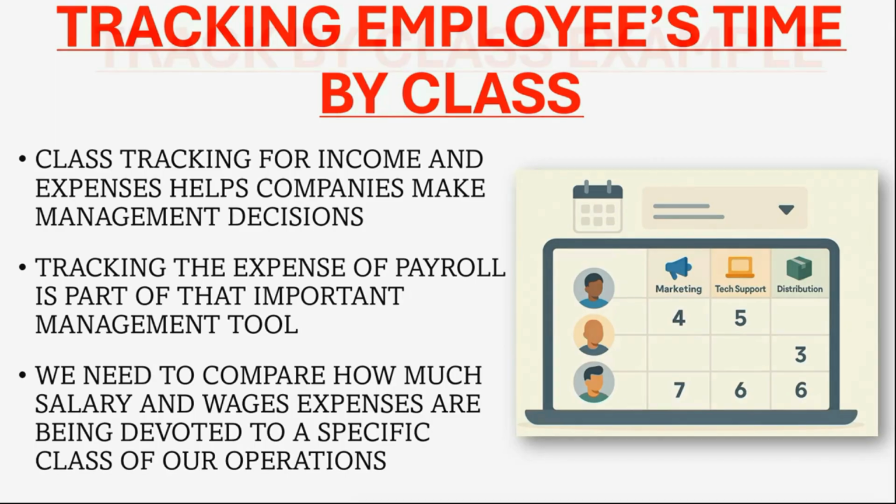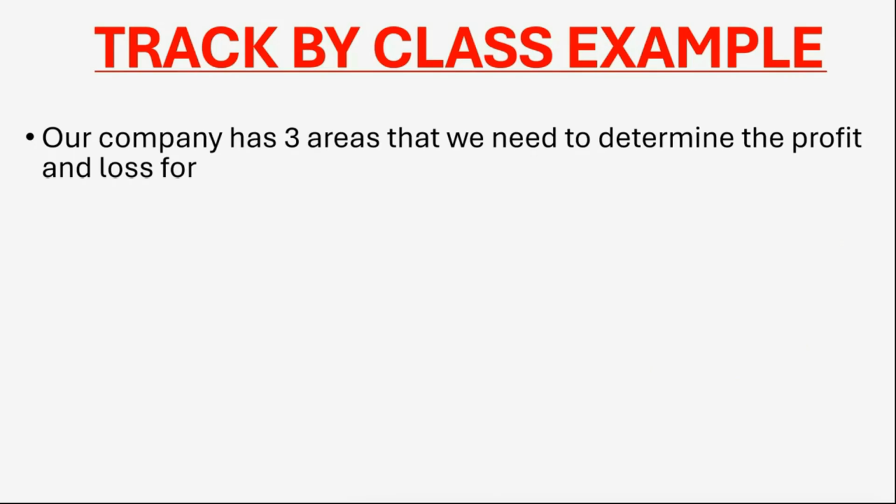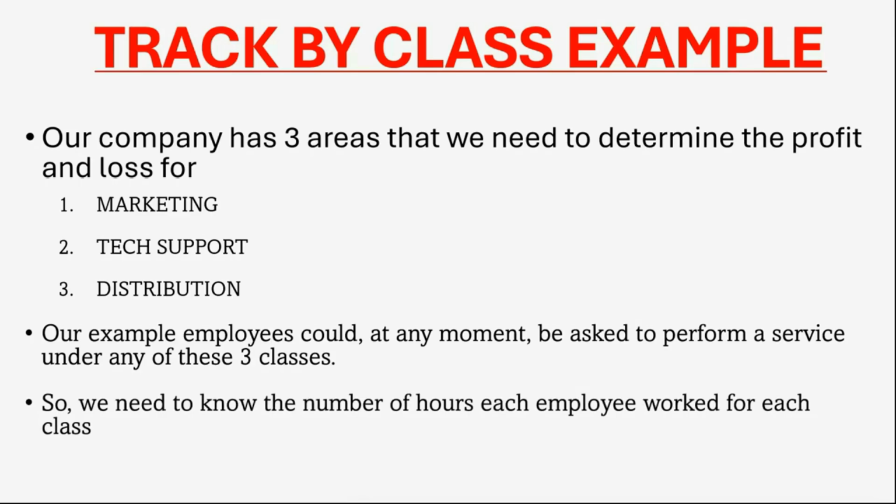Now, in our example, we are imagining that our company has three areas that we need to determine the profit and loss for: marketing, tech support, and distribution. Our example employees could at any moment be asked to perform a service under any of these three classes.